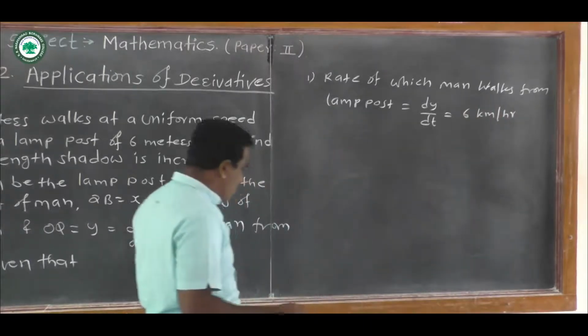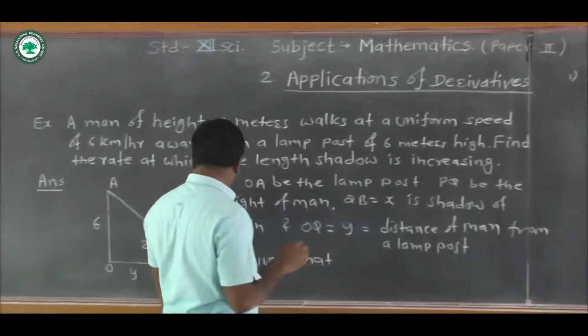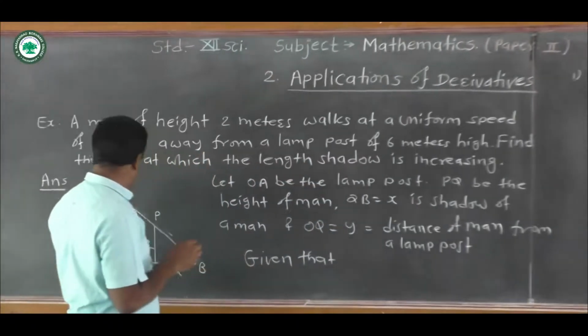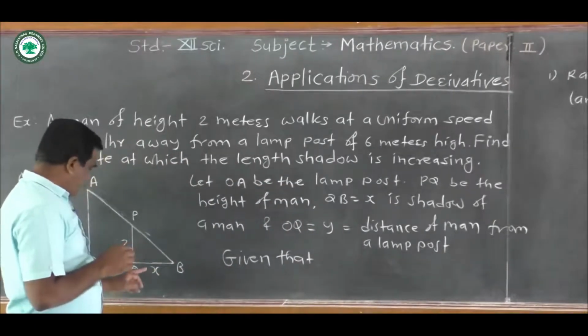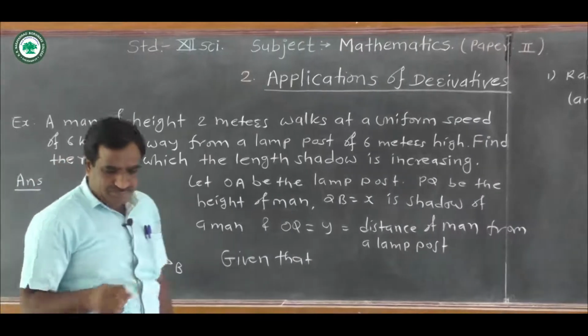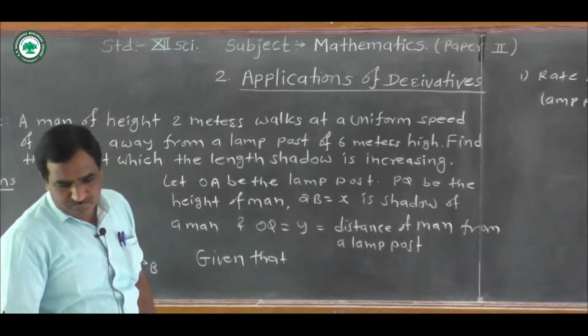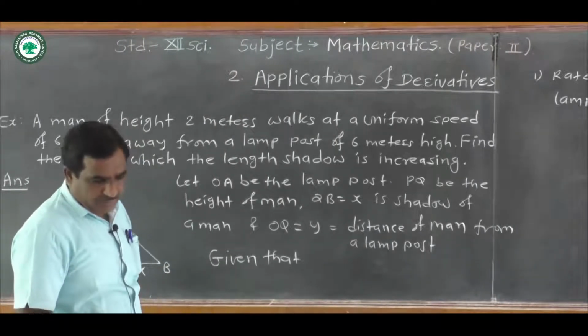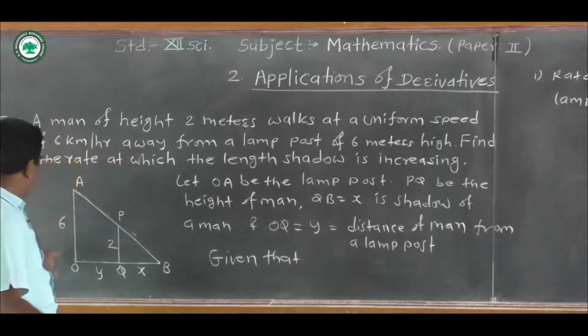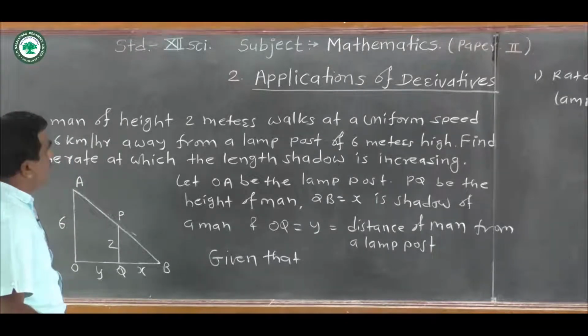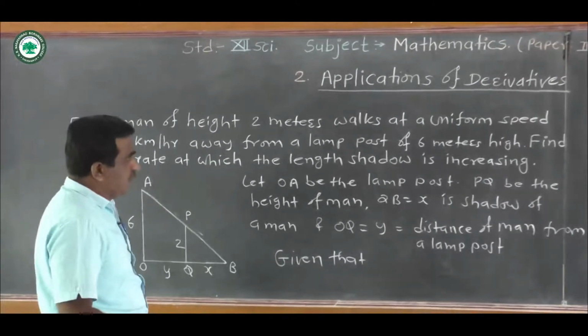Okay, now also we are given the height of the man, 2 meters, and the length of the lamp post OA is equal to 6 meters.